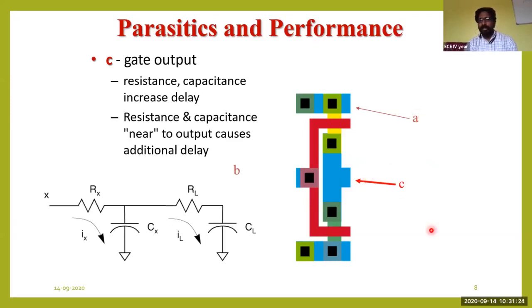Or else, if you're not using BiCMOS technology, or a BJT to drive the large capacitances, then you should make sure that the capacitance and the resistance formed over here at the output will be very minimum. Otherwise, it will increase the delay. The resistance and capacitance near the output cause an additional delay.